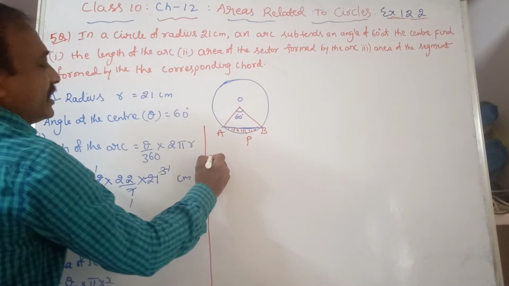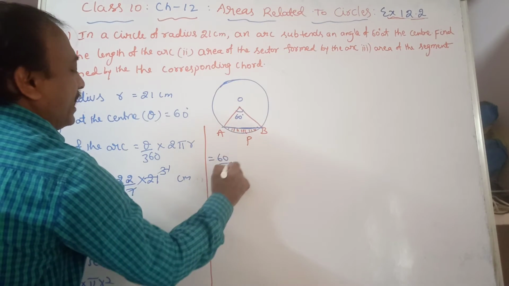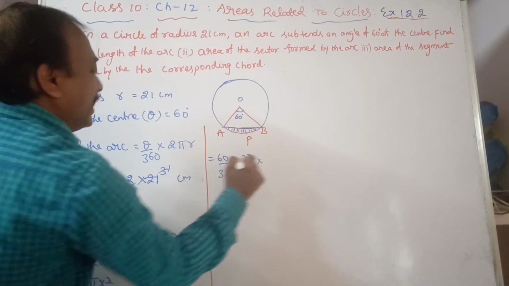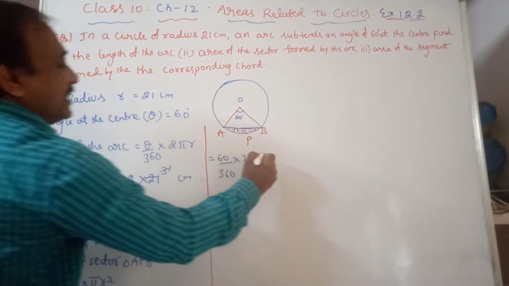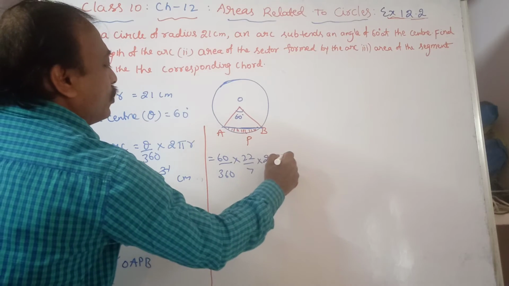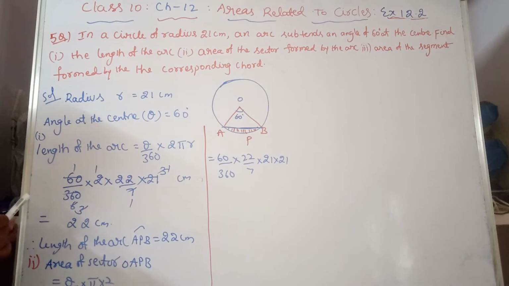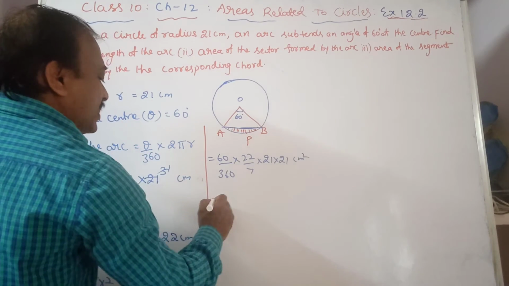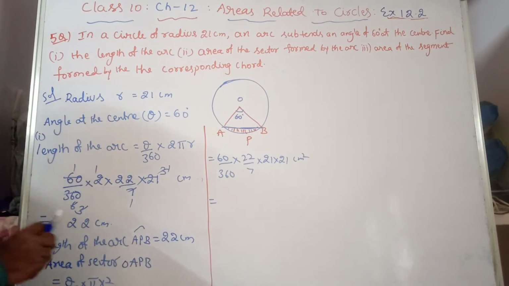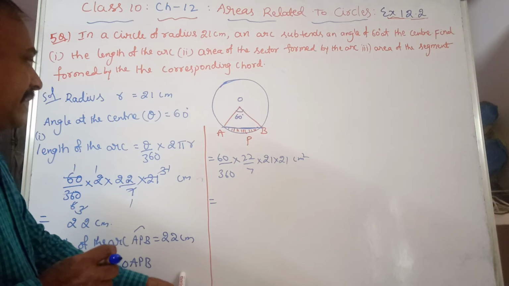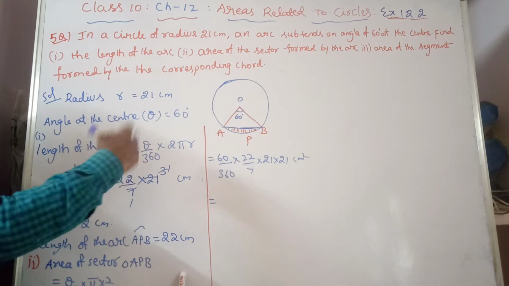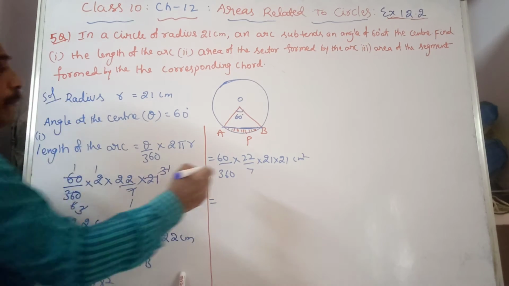So theta is 60 degrees: 60 by 360 into pi, 22 by 7, into r square, that is 21 into 21 centimeter square. Because the radius is given as 21, 21 square means 21 into 21.